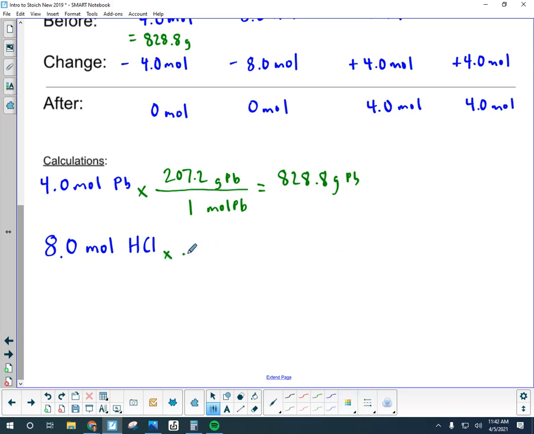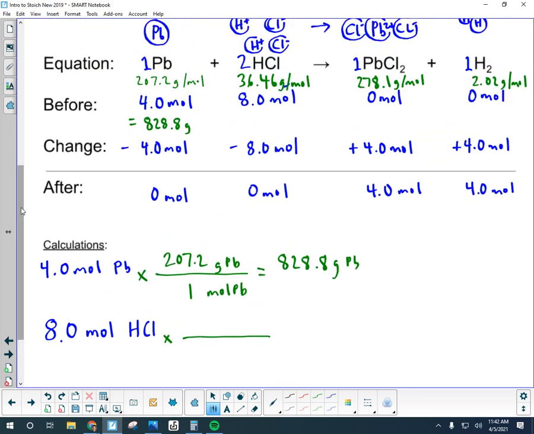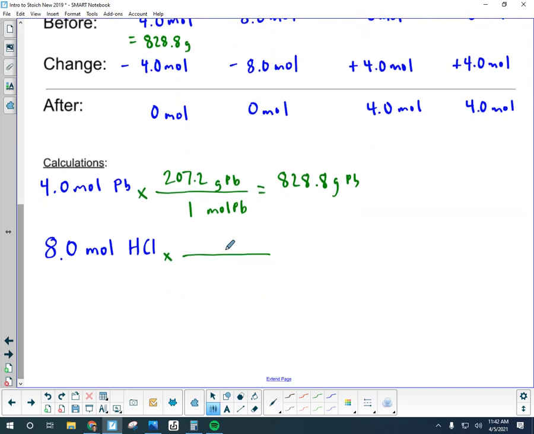I'm multiplying it by the molar mass, the grams per 1 mole, which I gave you in that previous step, 36.46 grams of HCl in 1 mole of HCl. That's the meaning of molar mass. And just like here, I could have shown cancellation of units. I'm canceling moles. And so it's just 8 moles times the mass of 1 mole, right?